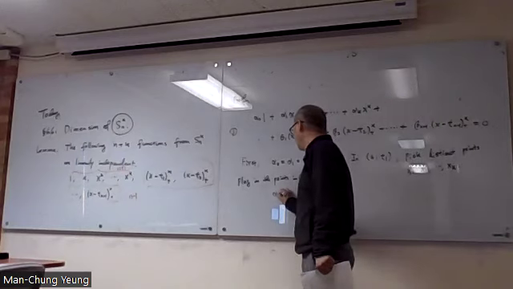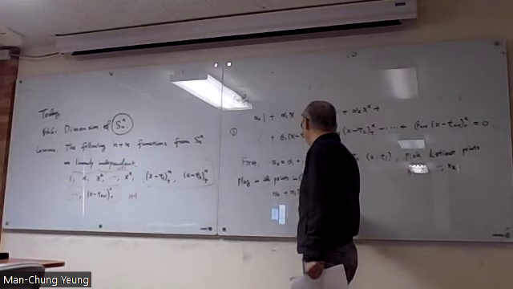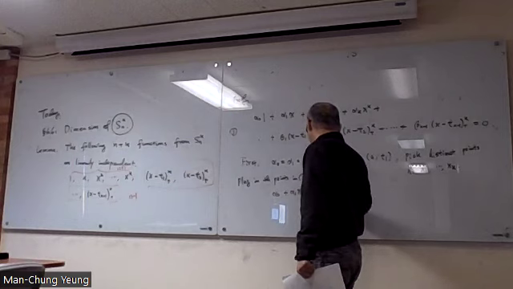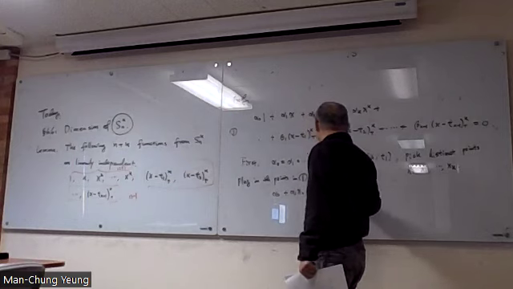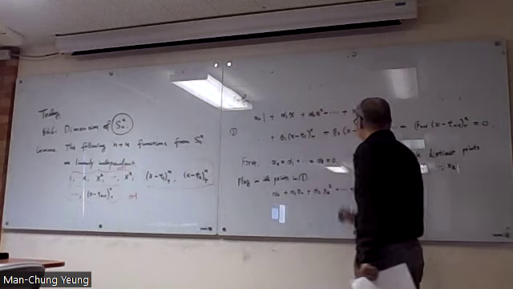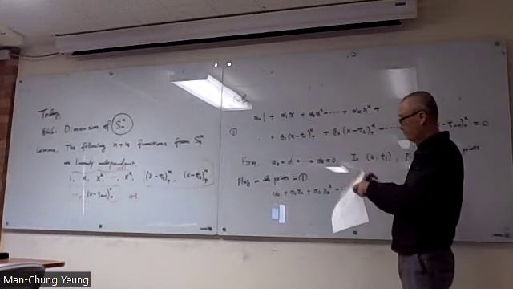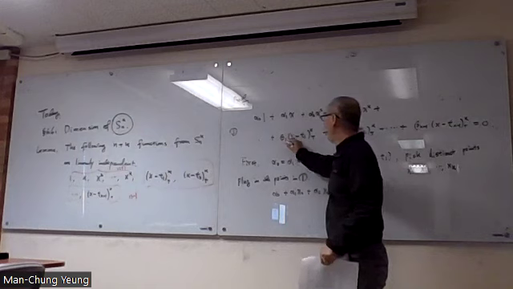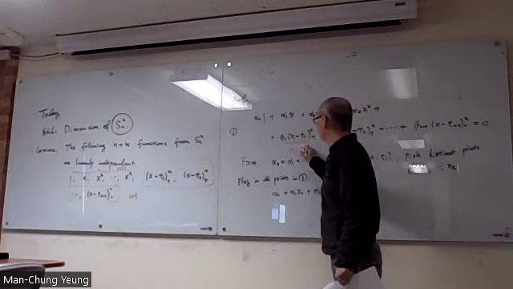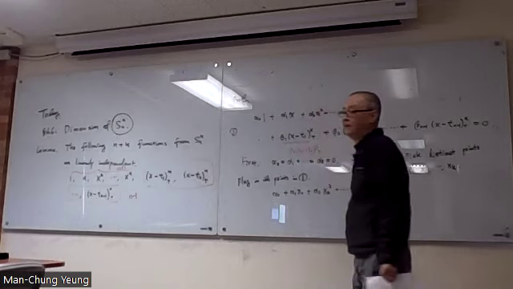Then we get alpha 0 plus alpha 1 x0 plus alpha 2 x0 squared, up to alpha k x0^k. And then what about the truncated terms at x0?